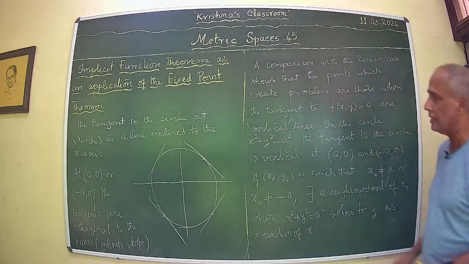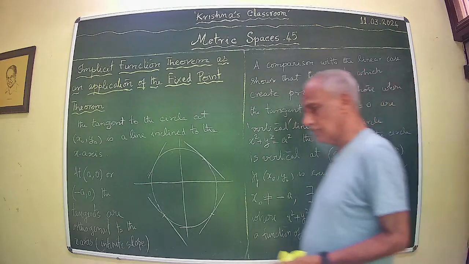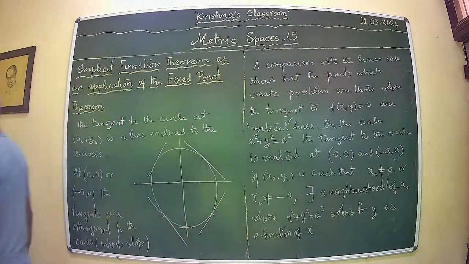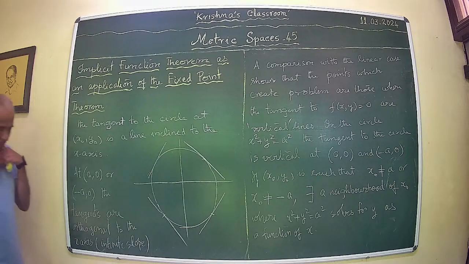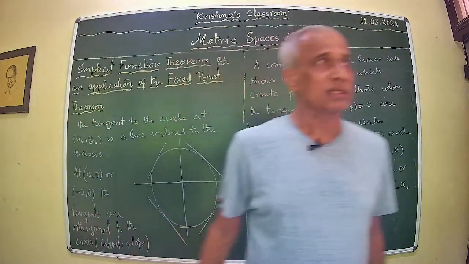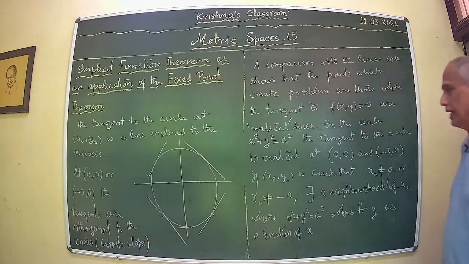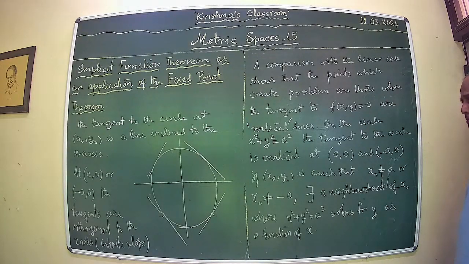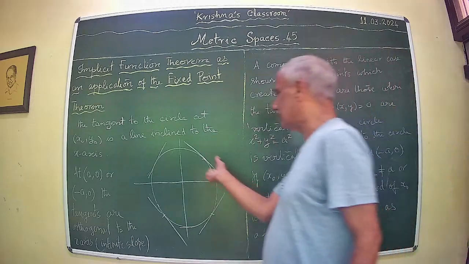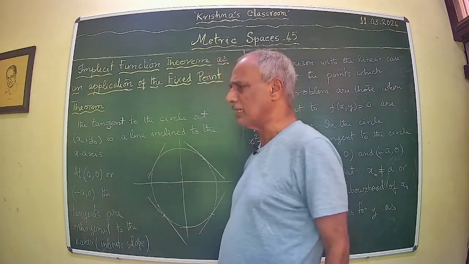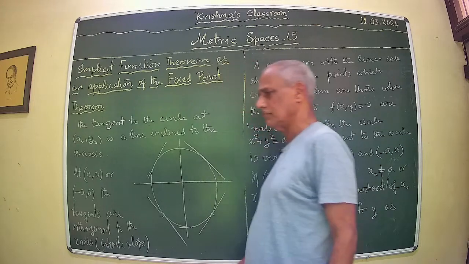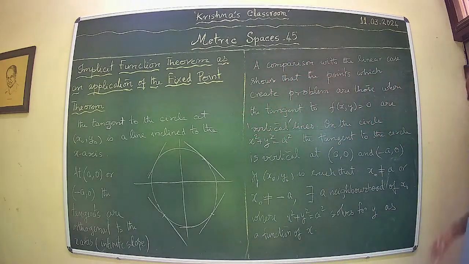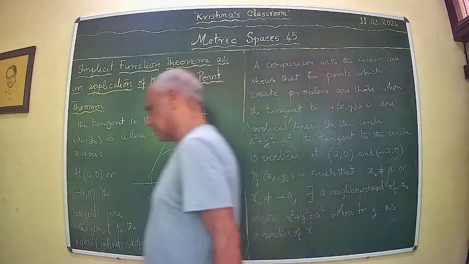Now the difference is that in the linear case, it either solves on the entire R, y as a function of x, or it doesn't solve at all. Whereas here the tangent to the line is given by itself, so the slope of the tangent is fixed at every point.